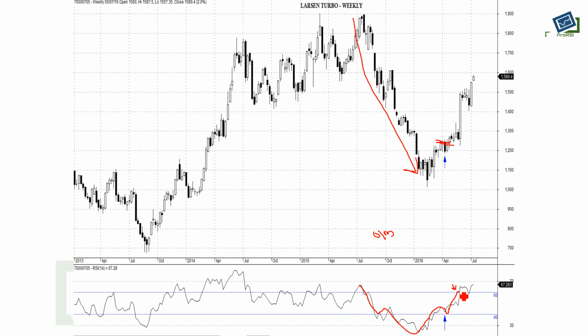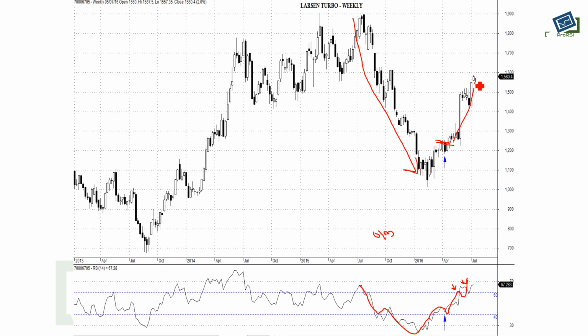Now when it comes near 60, we have to make sure that it does not take resistance at 60. Somehow if it takes resistance at 60, we have to exit this thing, right? But if it gets past 60 levels, that means that a new bull trend may be emerging.